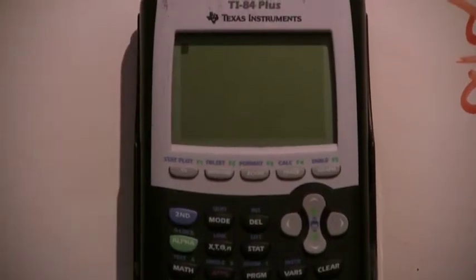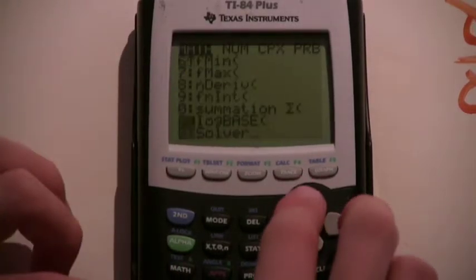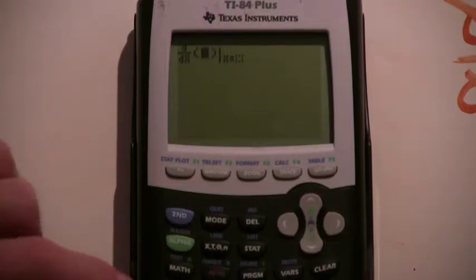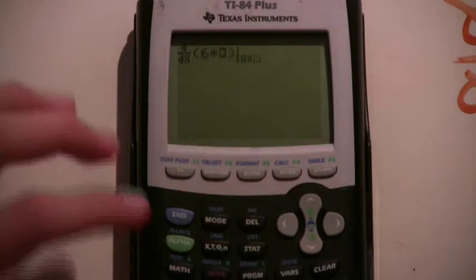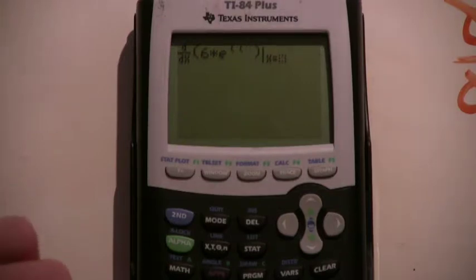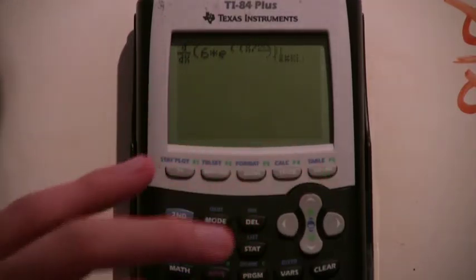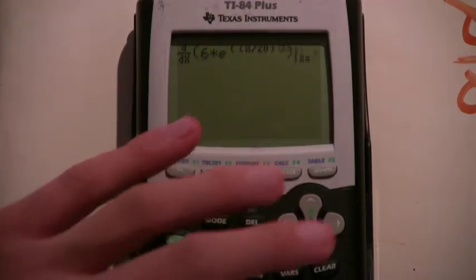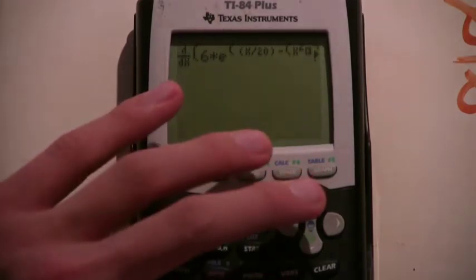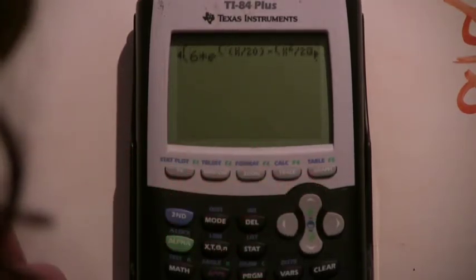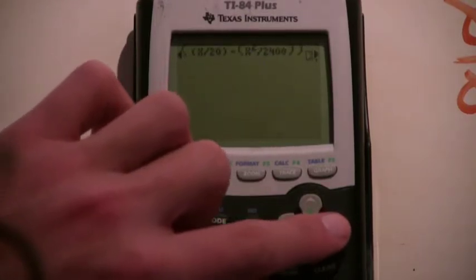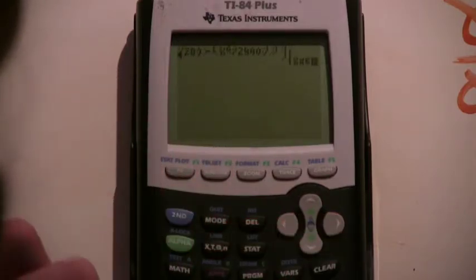Alright. So yeah, this is our derivative button, so it only lets me use x, so d dx of 6 times e to the, use a couple parentheses, x over 20 minus x squared over 2,400, and then our initial x value is 50.